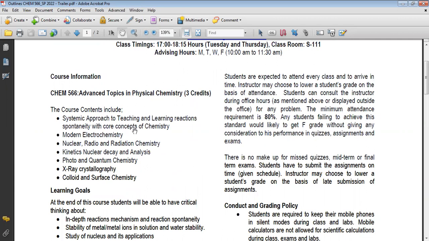We will start with the spontaneity of the reaction, covering the main core concepts of chemistry. Then we will study modern electrochemistry, then nuclear, radio and radiation chemistry, some of the kinetics of nuclear decay and analysis, photo and quantum chemistry, X-ray crystallography, colloid and surface chemistry.